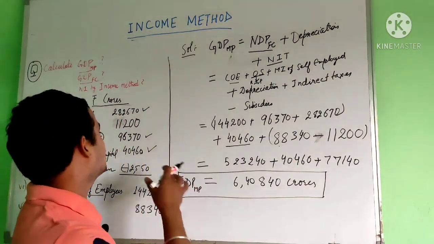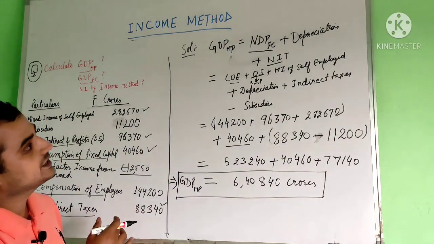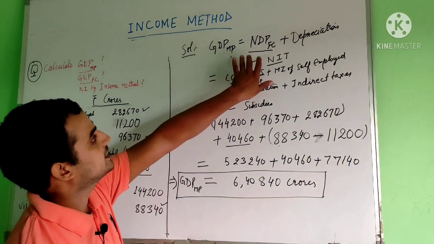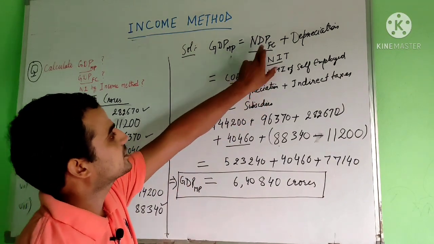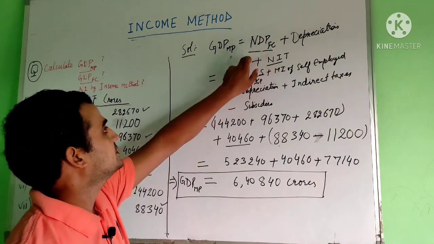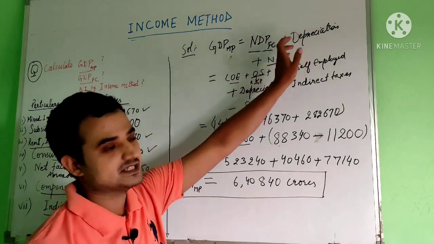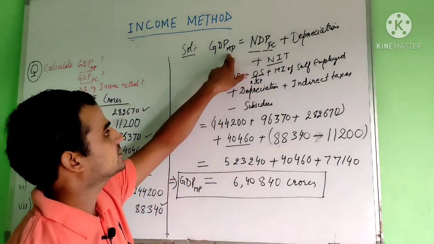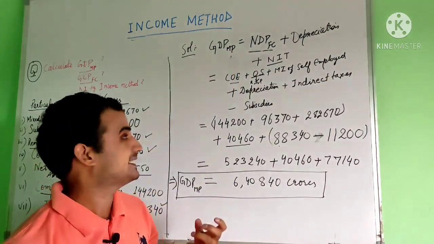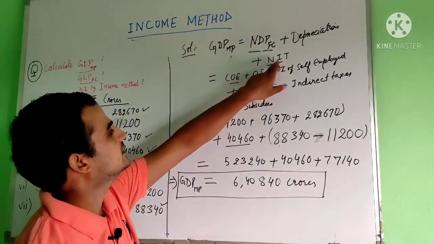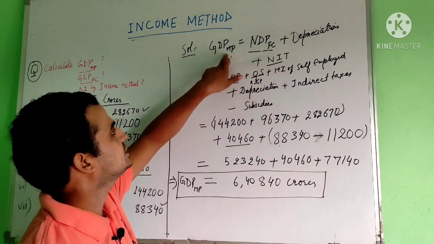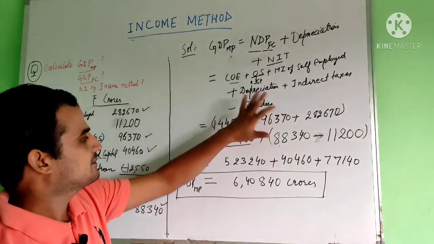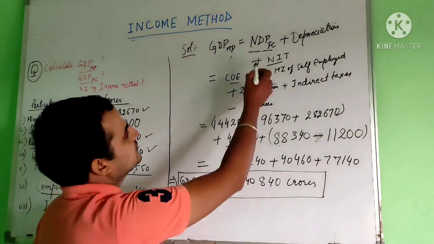So this is how you can reach GDP at market price. These were the variables already given to you. What you have done here is simply calculate the net domestic product at factor cost, and for reaching gross you have added depreciation. To convert factor price into market price, because at market price we have to pay taxes, we add taxes.